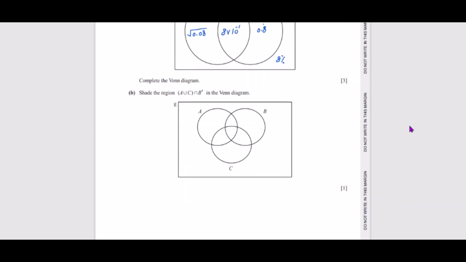Part B. Shade the region A union C intersection B complement. B complement means the complement of these values, shade. Okay, shaded these values except the circle of B. Like this.